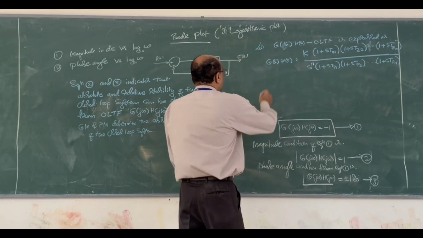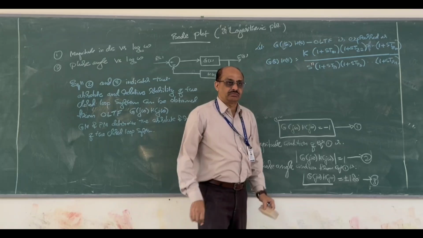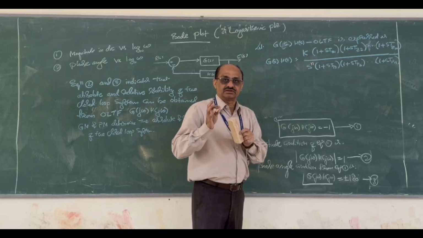Now, to get the sinusoidal transfer function, we begin by replacing s with j omega.